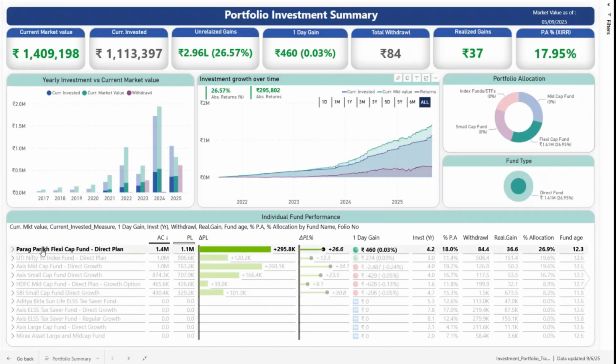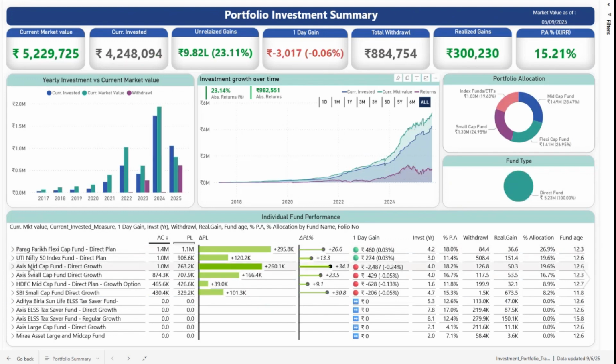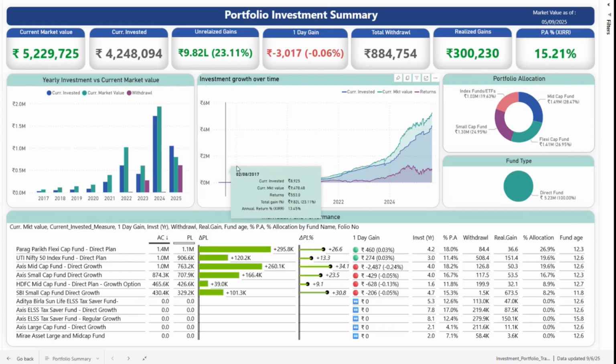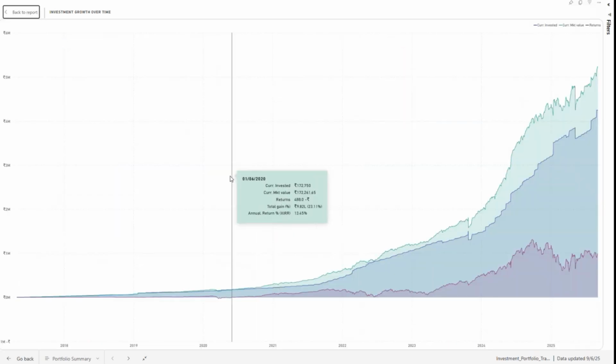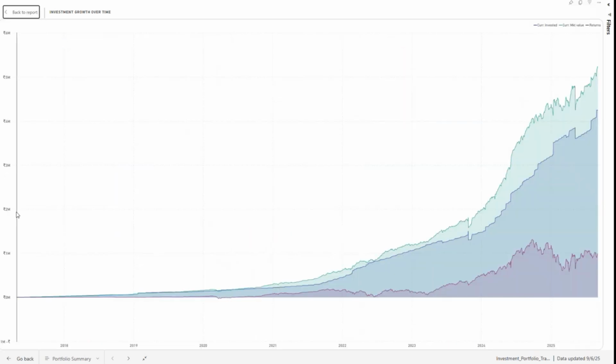It's not only for this fund, you can do it for any fund, or you can double click and it will plot for your entire portfolio. So if you look at your entire portfolio journey, that is also telling you. Your current return is almost 9,82,000, correct?